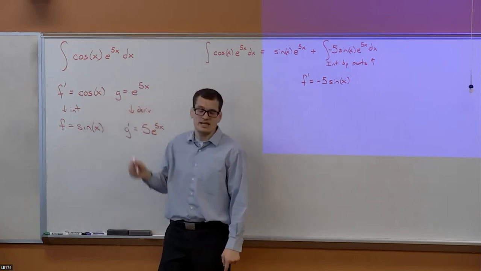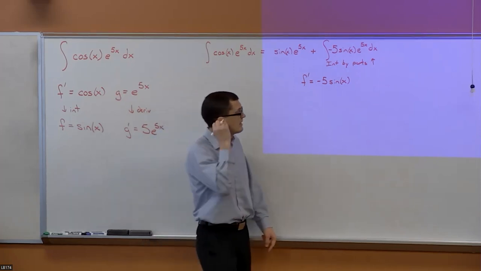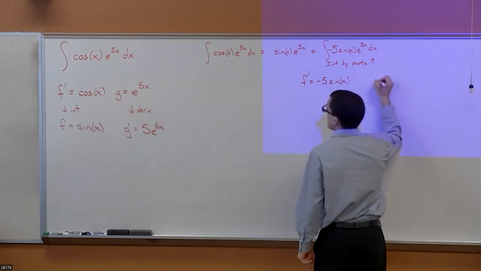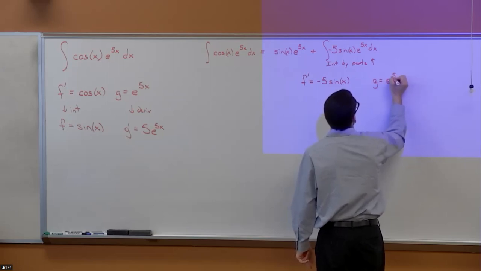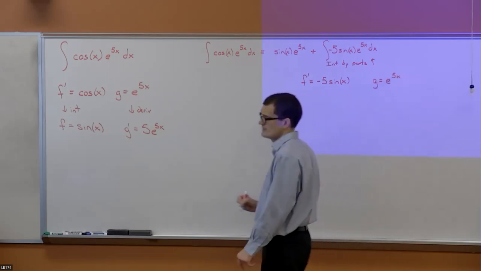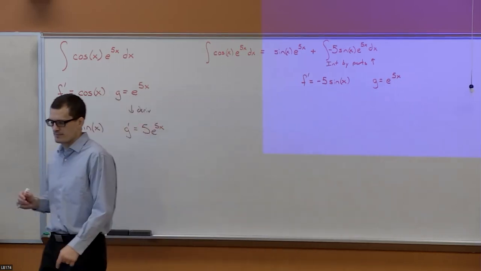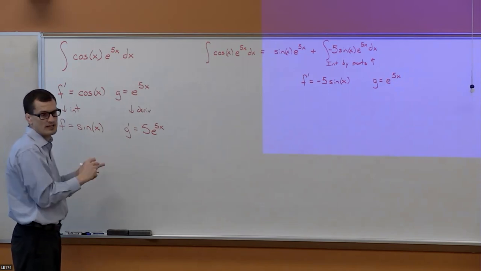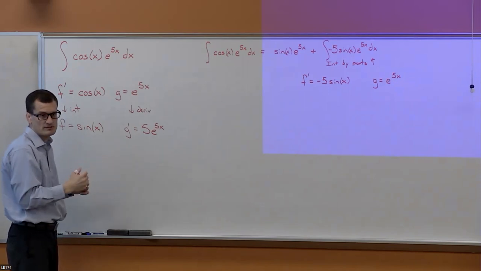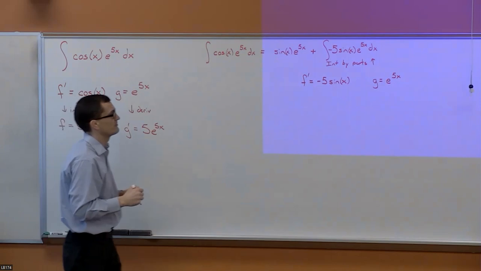And I'll do the g as the exponential component. And if you want to attach that 5 to the g, that coefficient of 5, it doesn't matter which way it goes. I'll just use that for now.